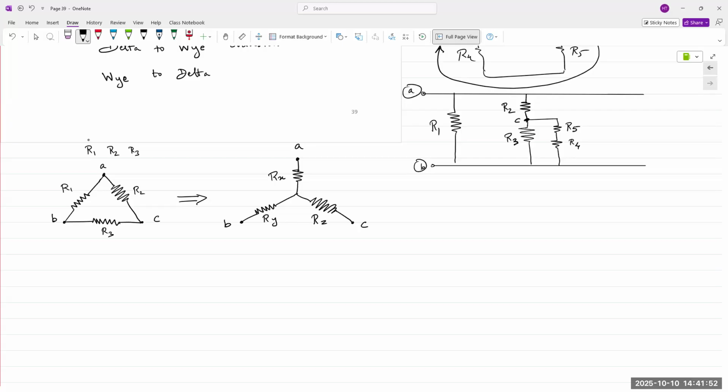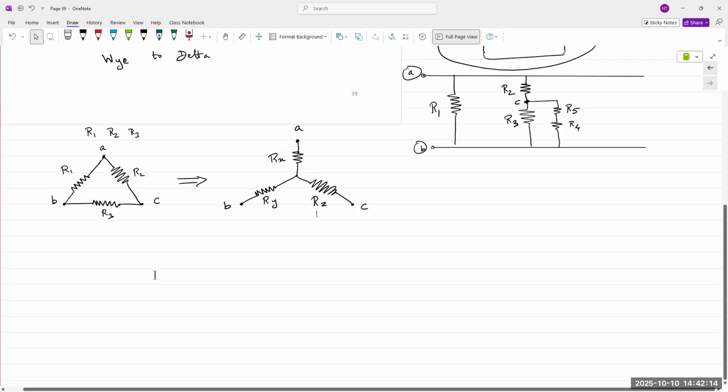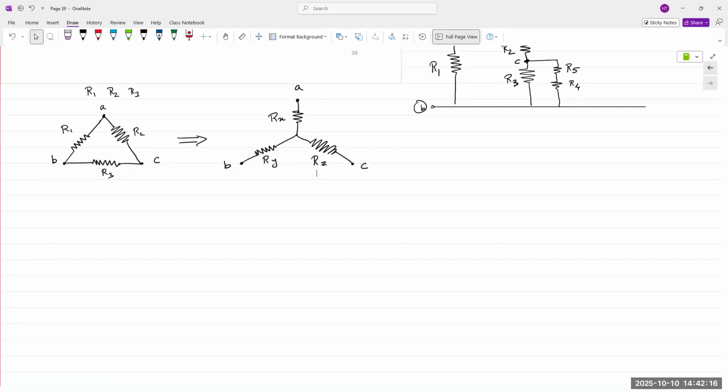Okay, X, Y, and Z. So there are, of course, derivations that go along with this, but we are not going to cover that right now. Simply giving you the equations on how we can do this transform. Okay. So we have Rx, Ry, and Rz.